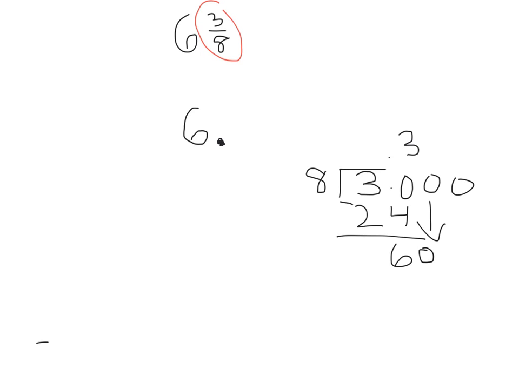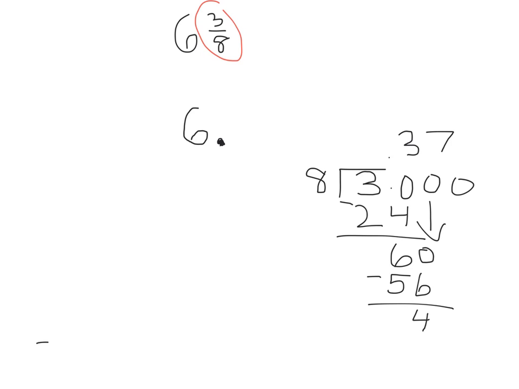And I could, once again, count by 8s. I could take one that I know, like 8 times 5, and then count up by 8 until I get close to 60. Or if I have my multiplication facts memorized, I can think 8 times 7 is 56. Subtract again. This time I'm left with 4.